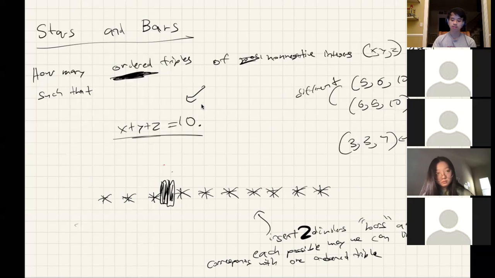So how is this going to work? How is this bijection going to work?